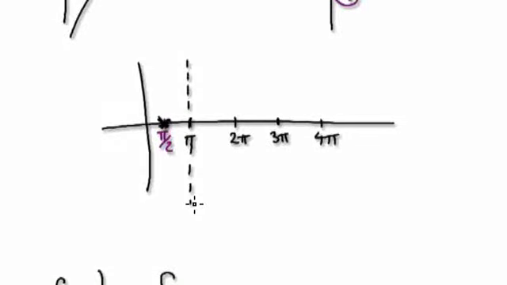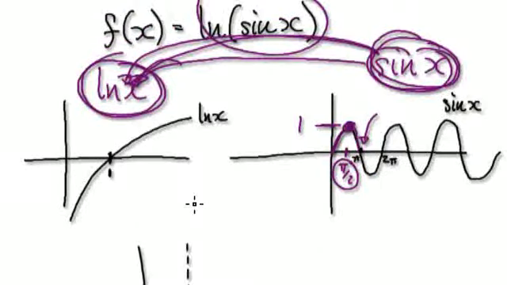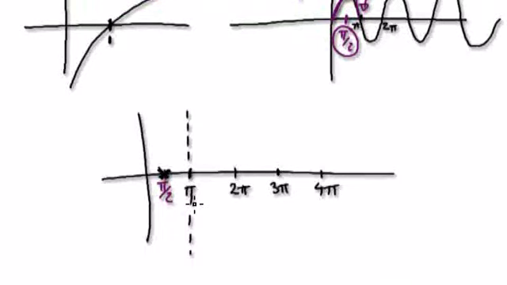Now let's look at what happens just to the right of 0, and then also investigate what happens just to the left of pi. Let's put in 0.00001.